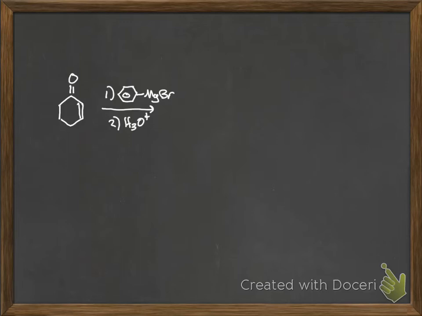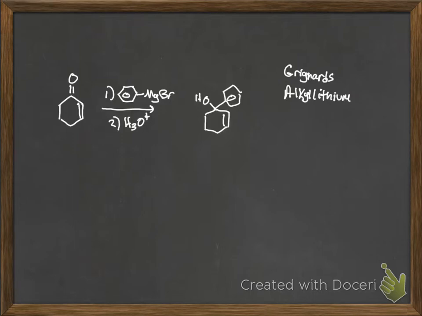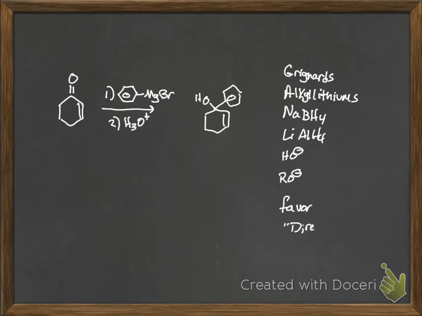Okay, so the product would be this. Remember, Grignards and alkyllithiums as well as sodium borohydride and lithium aluminum hydride and hydroxide and alkoxide, all of these favor a direct or 1,2 addition.